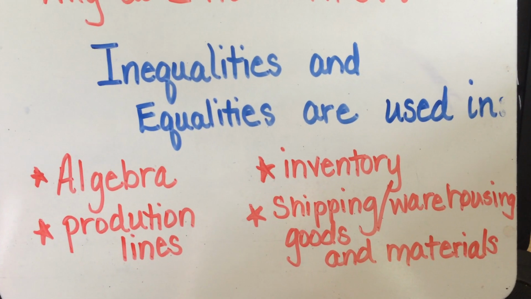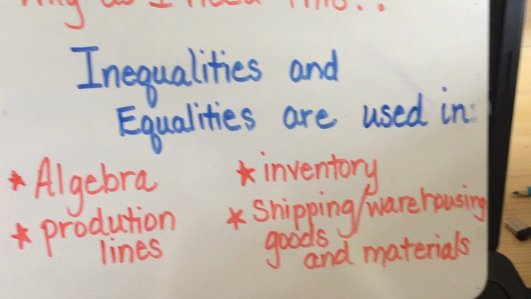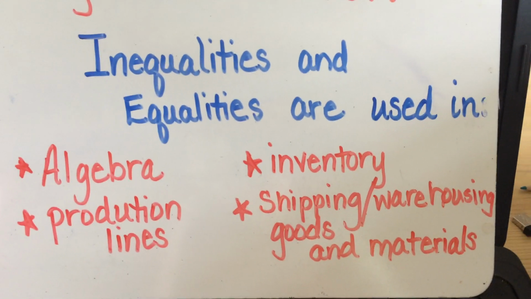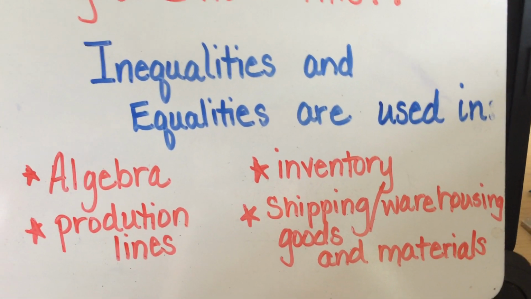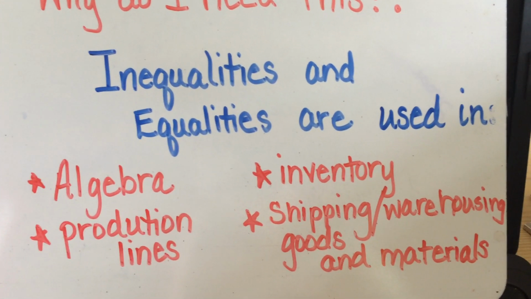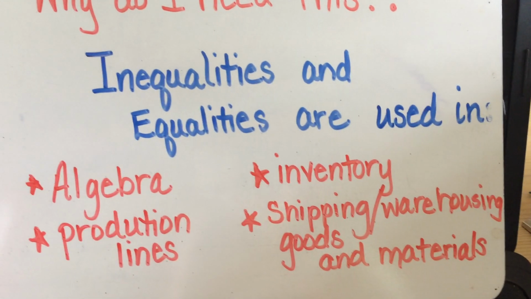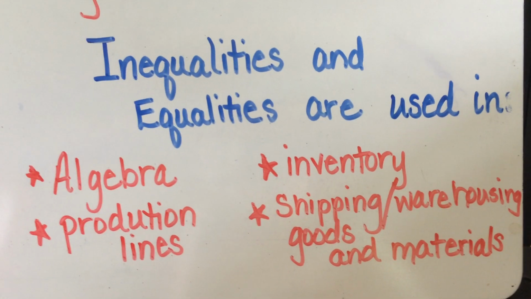Inventory. Every job that I know of has inventory. We do at Job Corps, inventory. Ever so often, they send sheets around and we have to take inventory. They need to see if what we have one month is equal to what we had last month. Or is it an inequality? And here's a good one.